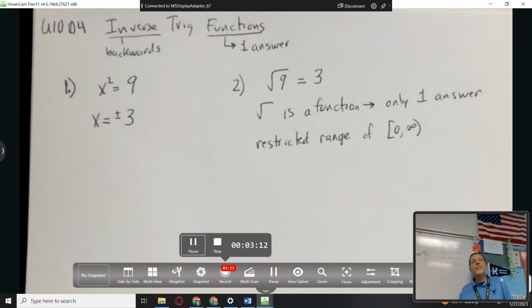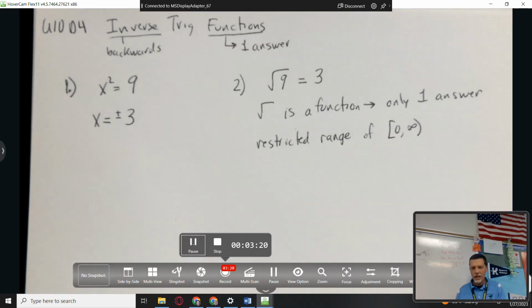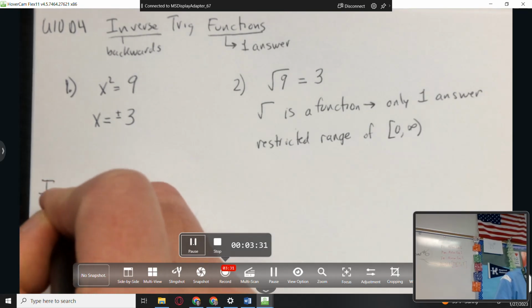Our answer has to be positive if we're doing the square root function. Even though we know there's some other stuff going on, we've decided we only want the positive one because that's the one that makes sense. Okay, that's the concept. We're going to carry that concept over to sine and cosine and tangent.